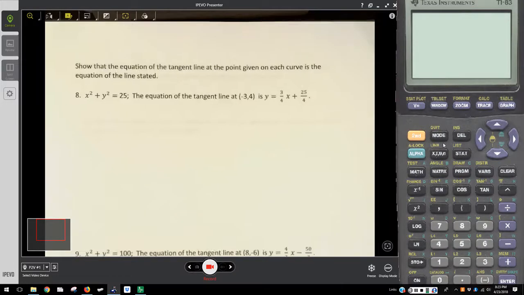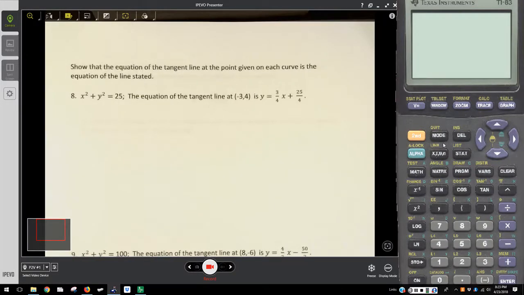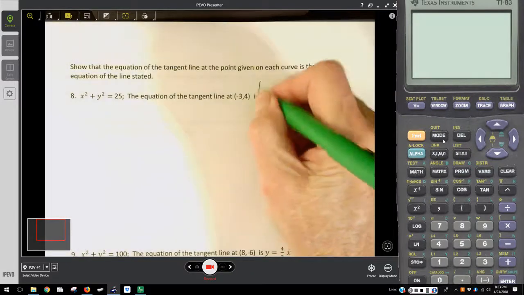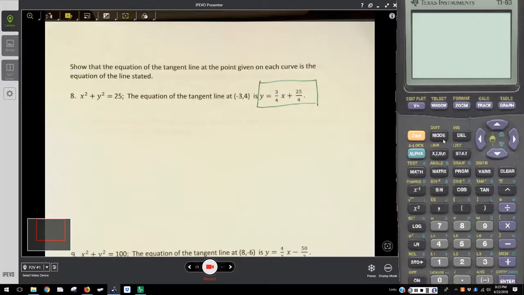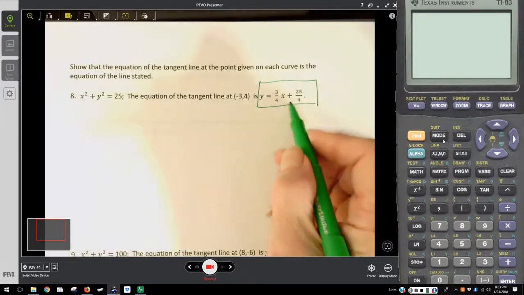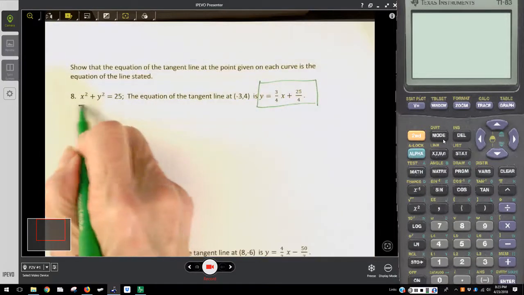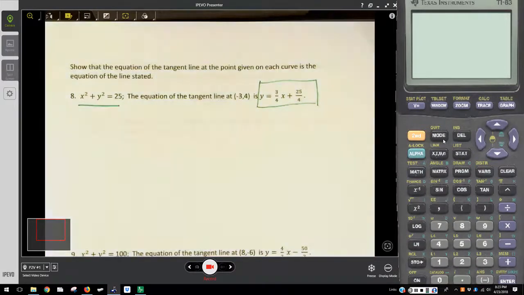So number 8 and number 9 are both tangent line problems, and I actually gave you the tangent line. The equation of the tangent line here is going to come out to be 3/4 x plus 25/4. The curve that it's tangent to is x squared plus y squared is equal to 25.